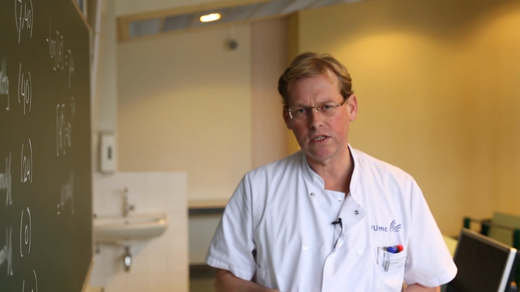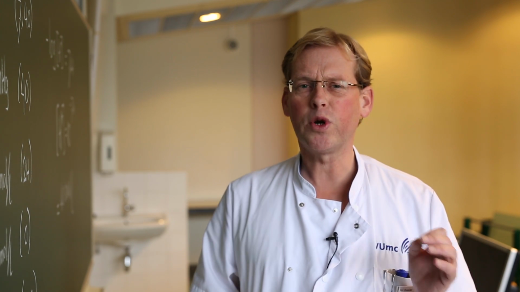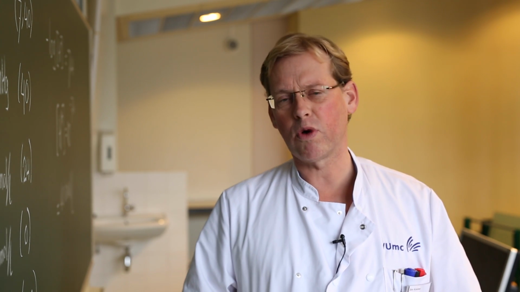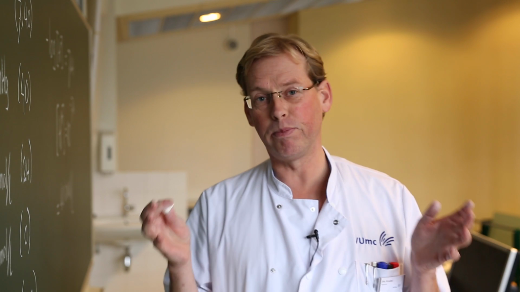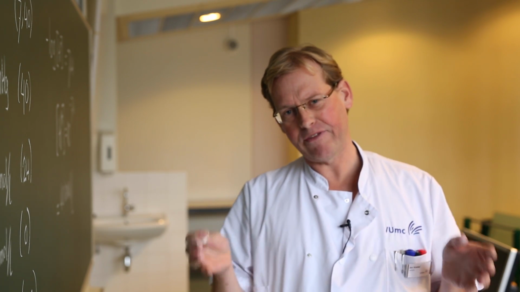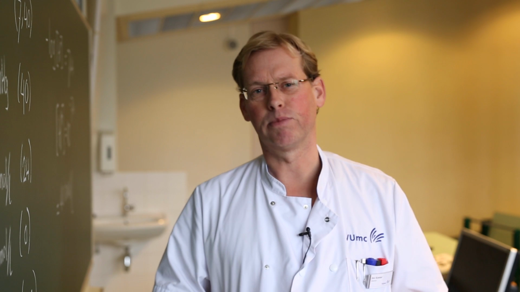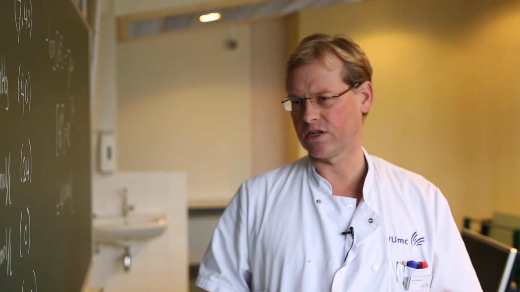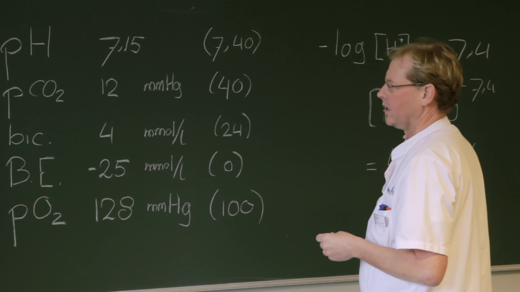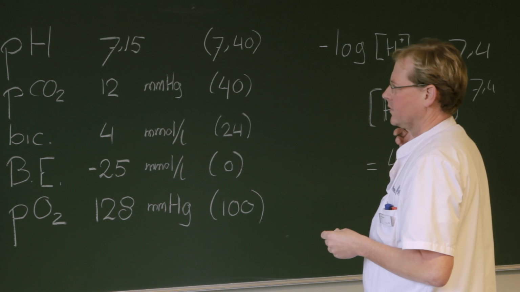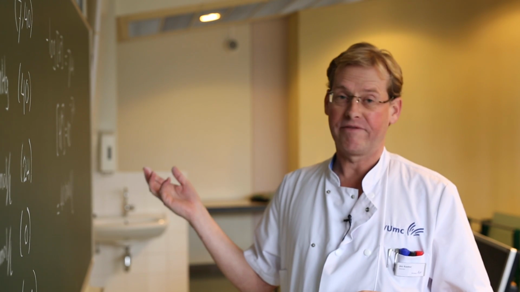So the concentration of hydrogen atoms in your blood equals 40 nanomoles per liter. That's almost nothing. If you compare it to Berlin, let's say that every inhabitant is a sodium ion, and there's only one in Berlin being a proton. They are very, very scarce. This is the beginning. So the concentration is very low, but they're very toxic.